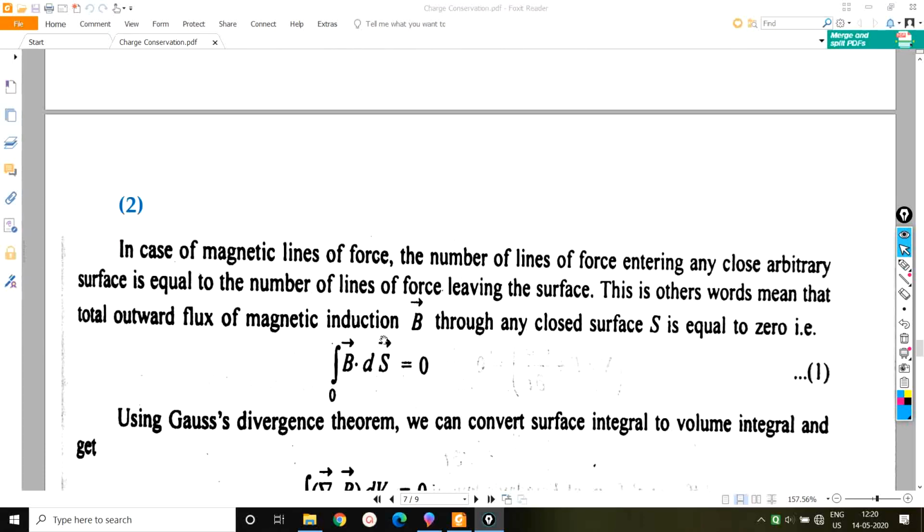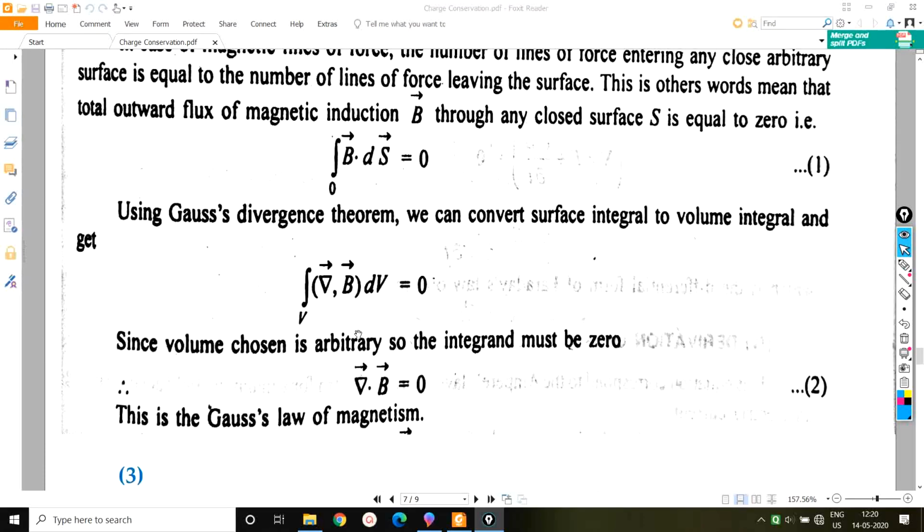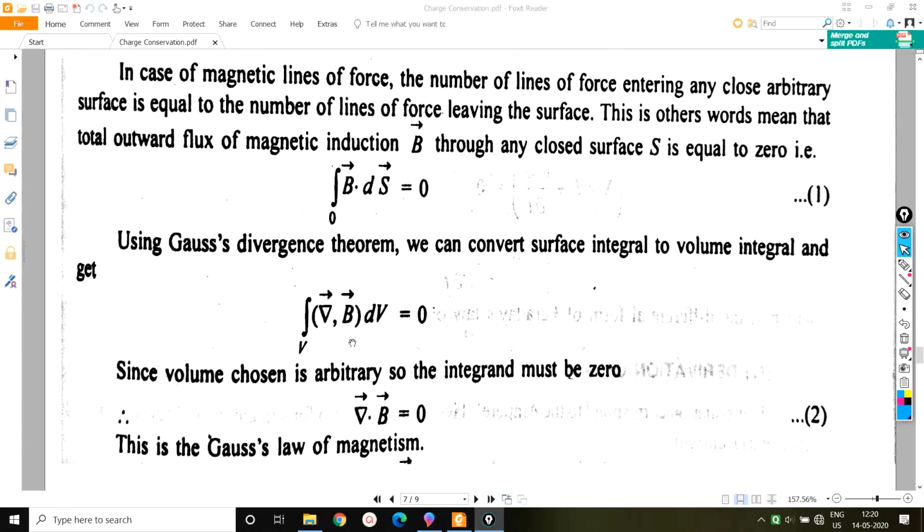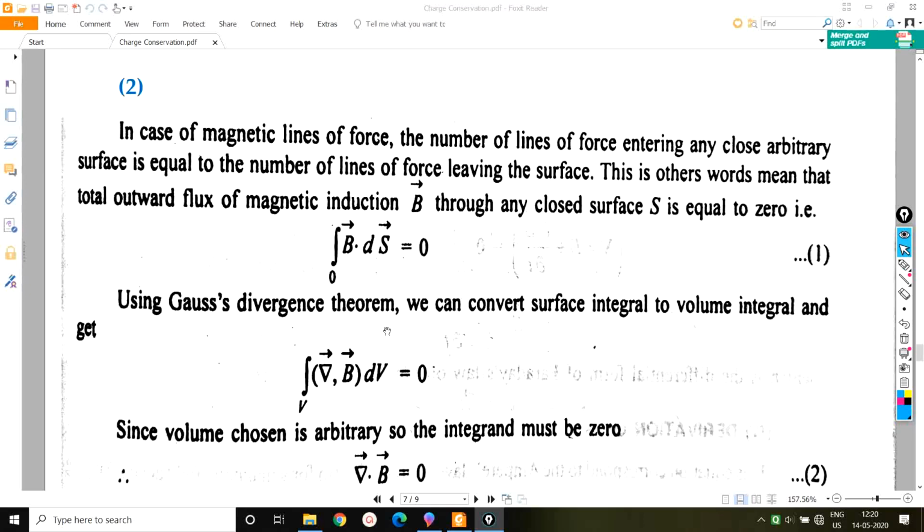We want to establish the second law, which is your Gauss's law of magnetism in differential form. We'll start with the simple fact that we have the surface integration of B dot ds equals 0.